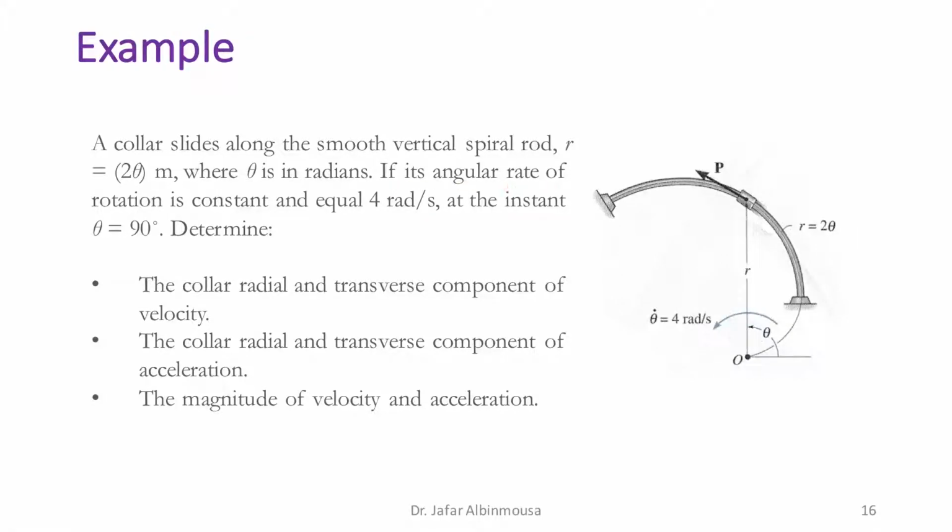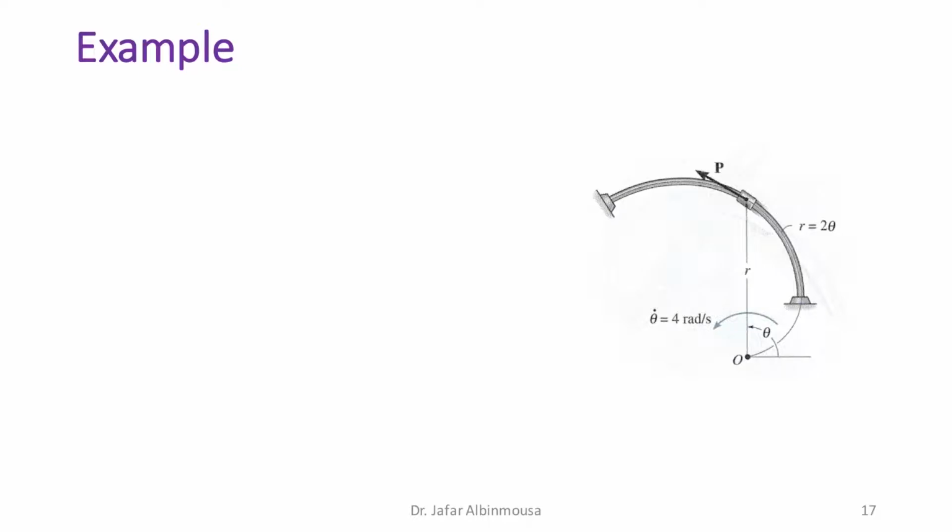If its angular rate of rotation is constant and equal to 4 radian per second at the instant when theta equals 90 degrees, we want to determine the collar's radial and transverse components of velocity, the radial and transverse components of acceleration, and the magnitudes of velocity and acceleration. So let's start with the solution.